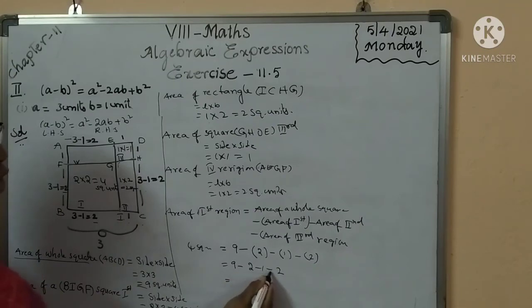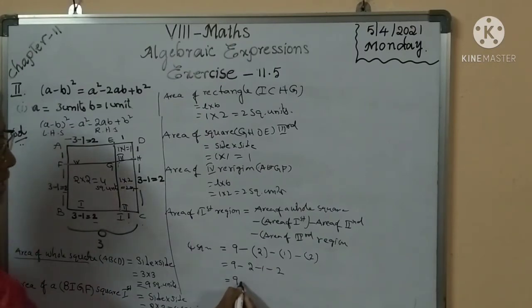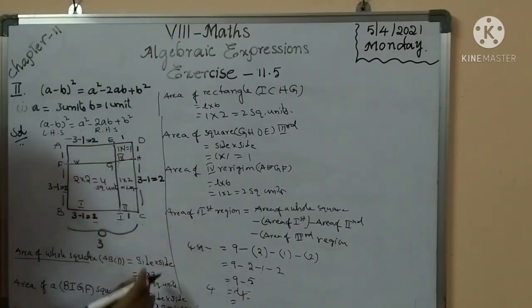All have the minus symbol, so add these three terms and give the minus symbol: 2 plus 1 plus 2 is 5. So 9 minus 5 equal to 4. Already we know that area of the first region is equal to 4. 4 is equal to 4. Therefore, LHS equal to RHS.